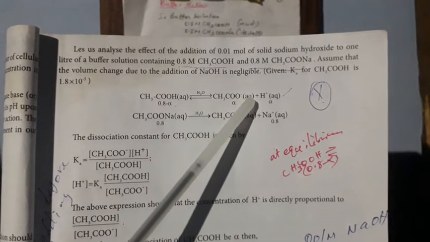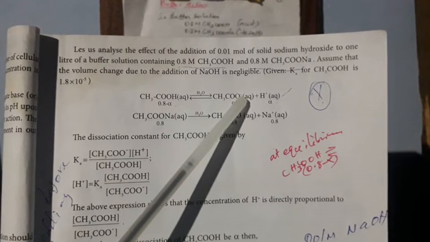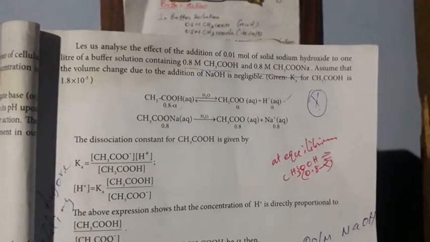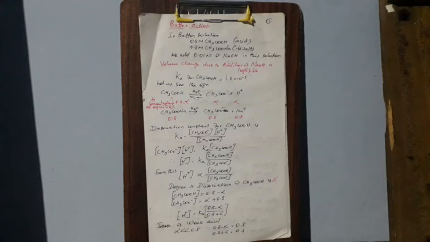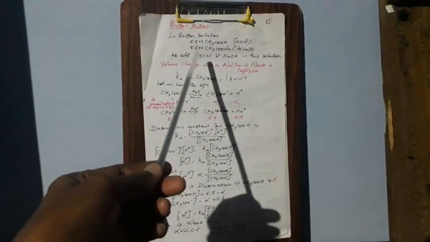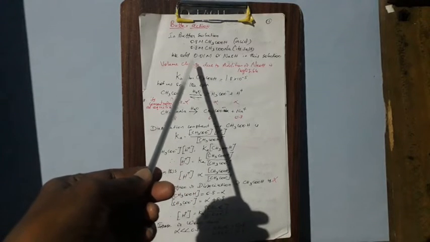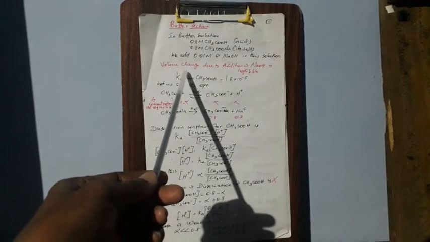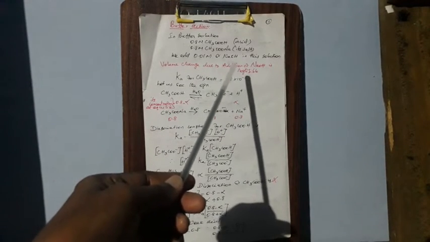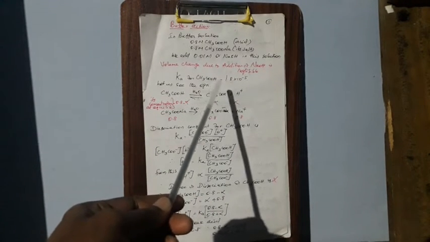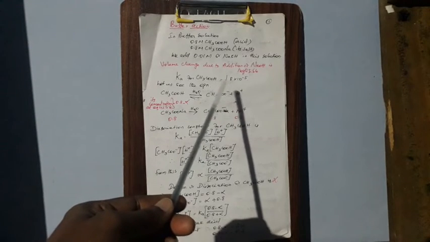Now we see the dissociation constant of acetic acid. In detail, in the buffer solution, 0.8 mole acetic acid, 0.8 mole sodium acetate. We add 0.01 mole of sodium hydroxide to this solution. Volume change due to addition of sodium hydroxide is negligible. Now the Ka value for acetic acid is equal to 1.8 into 10 to the power of minus 5.